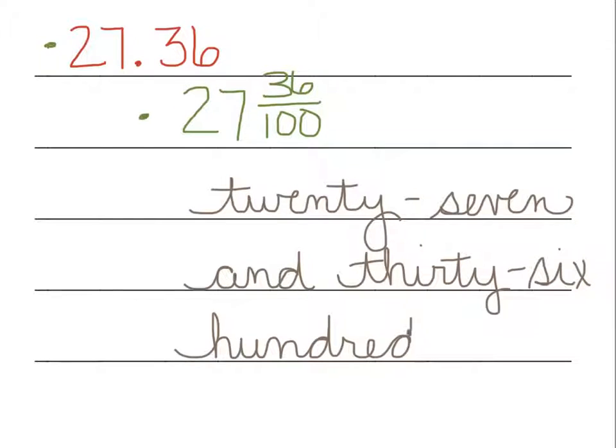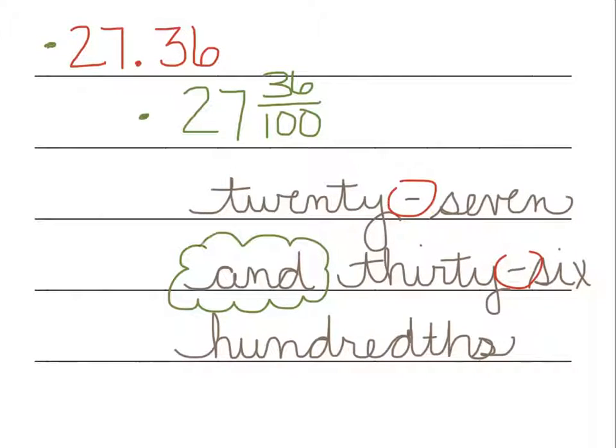Do not forget the TH on that. 36 hundredths. Now, one thing I will point out, remember hyphens. If you don't have them, they will be marked wrong. The second thing I want to point out is remember your and. When you get to your decimal, you have to put the and.